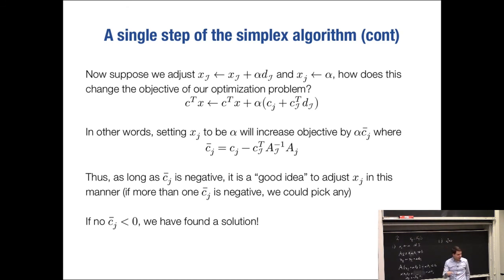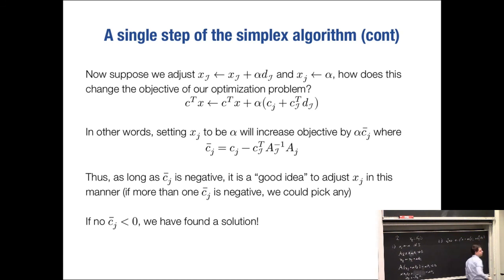And if I take a step and set xj to be equal to alpha, and adjust these things as needed, then my objective would change. It would be the old objective, plus alpha times cj, that's the contribution I get from adding a little bit to xj, plus c script I transpose di.